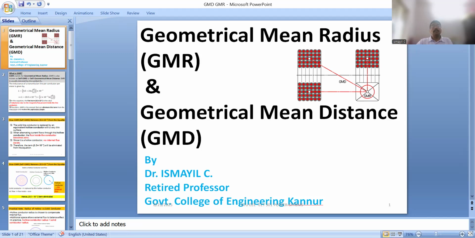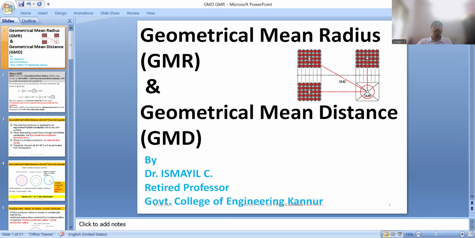As I mentioned, there will be two configurations of a three-phase line, usually either a horizontal configuration or a triangular configuration. We already defined what mutual GMD is with respect to a triangular configuration. The same formula is applicable to the horizontal configuration also. The only thing that matters is the distance between each of those lines. In this case also, the distances are distinct and different.